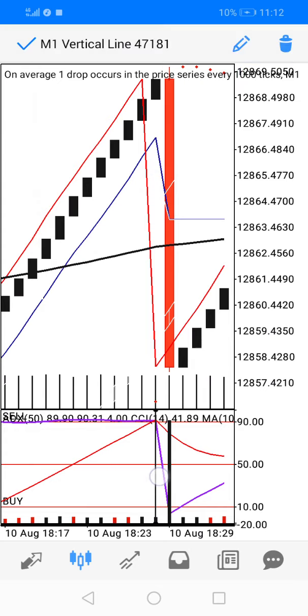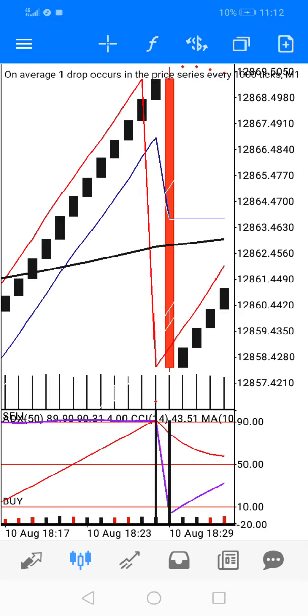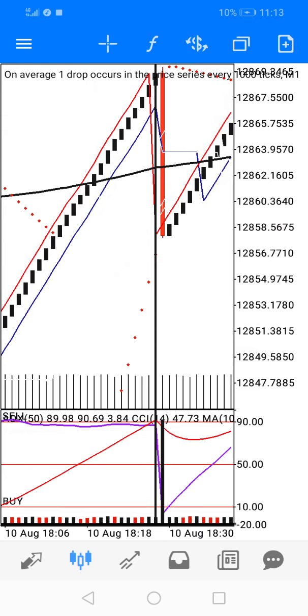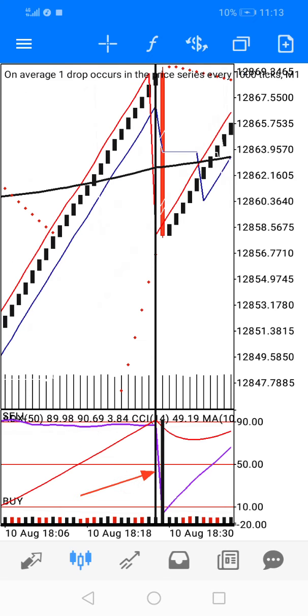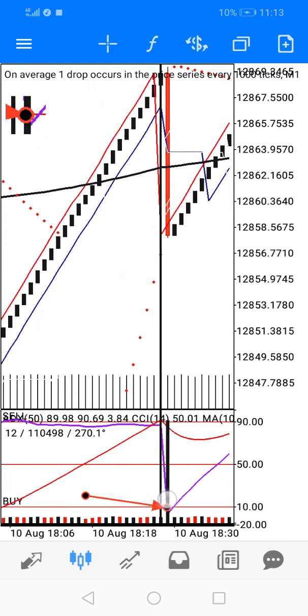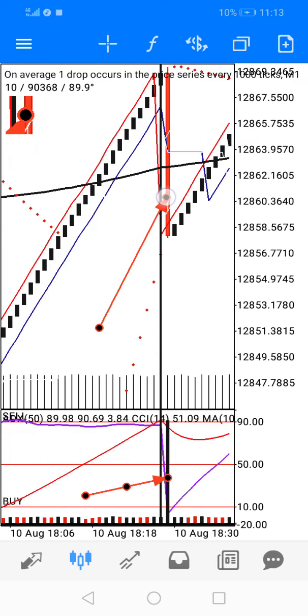You see that they cross here, and a spike comes with the next candle. You see that they cross here, and then the next candle is a spike. Yes, the spike right here. That's the spike right there.